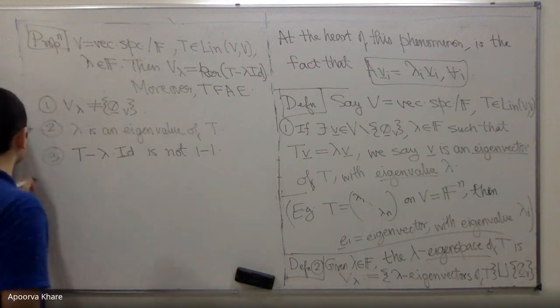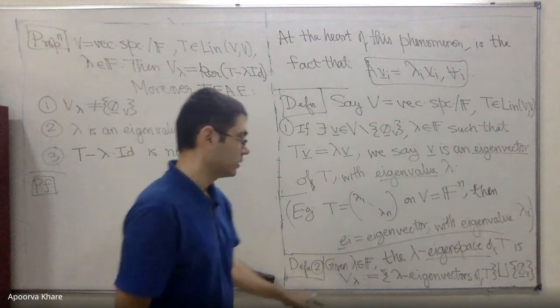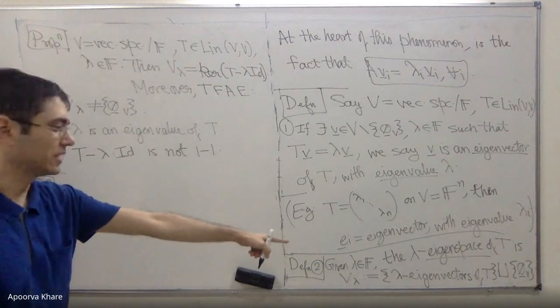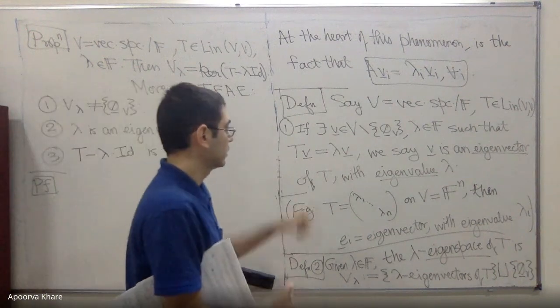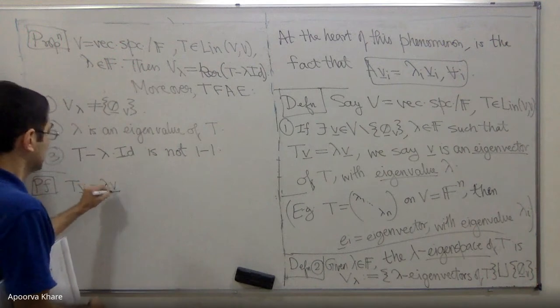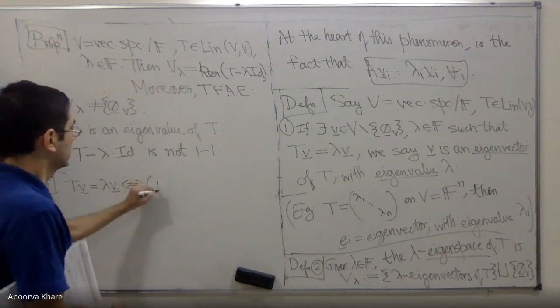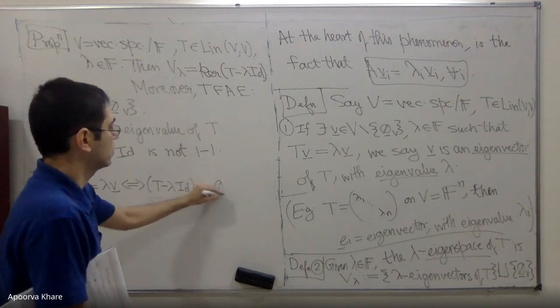Okay, great. So the proof is very simple. If you look at a lambda eigenvector, first of all, Tv equals lambda v, lambda eigenvector, if and only if T minus lambda times identity applied to v equals 0.